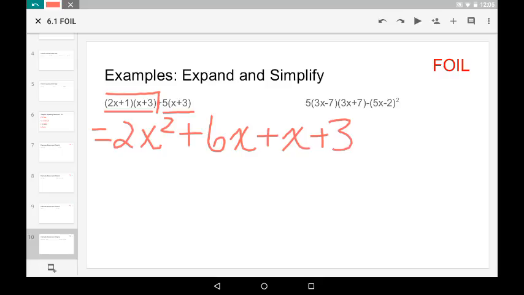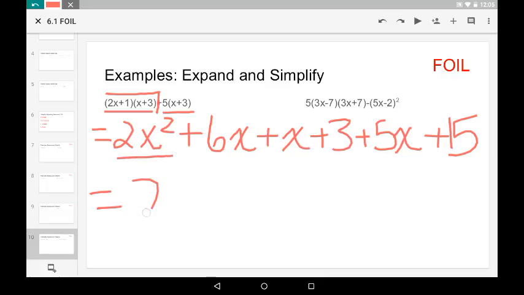We also have a positive 5 multiplied by x plus 3. So 5 times x is 5x, and 5 times 3 is 15. Simplify this. Look here, we have 2x squared, then we have an x, a 6x, an x, and a 5x.